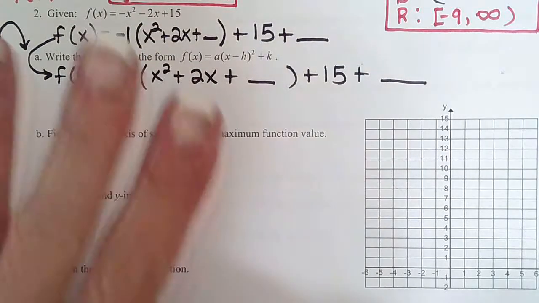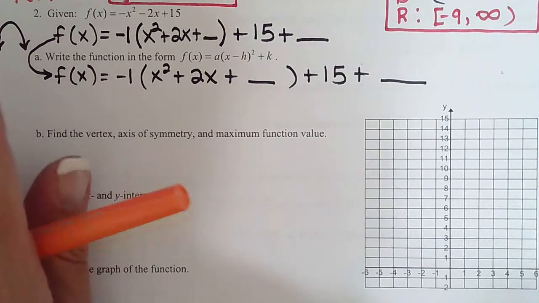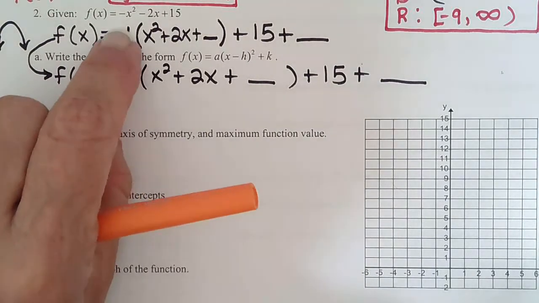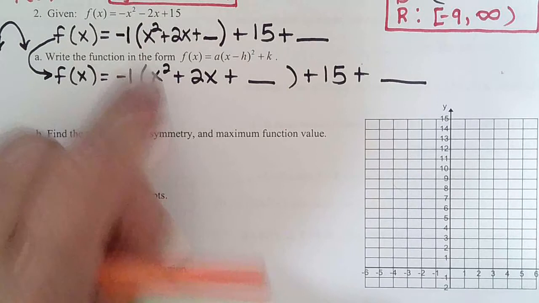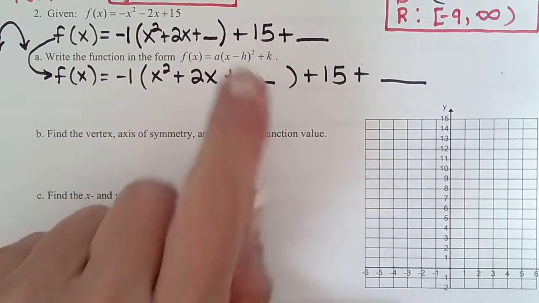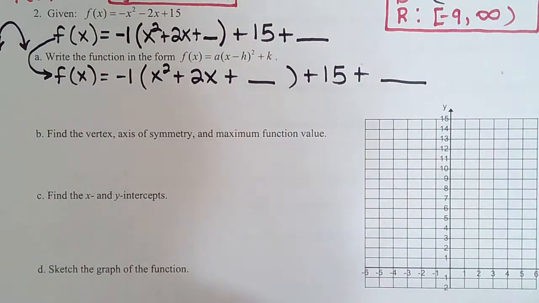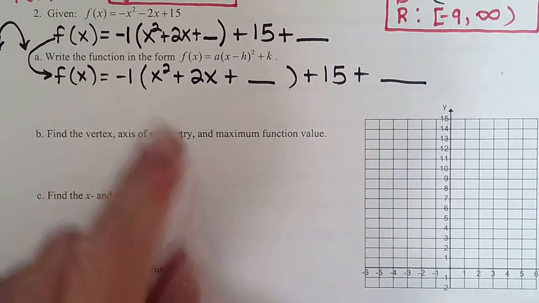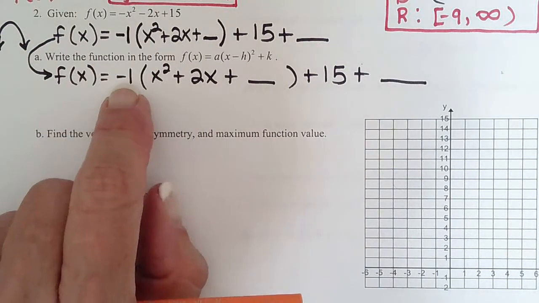So how you can check if you ever doubt yourself is do -x squared, yep, -2x, yep, positive 15. So as long as I can get my original problem back, I always know I'm on the right track. Okay? So -1 GCF taken out.